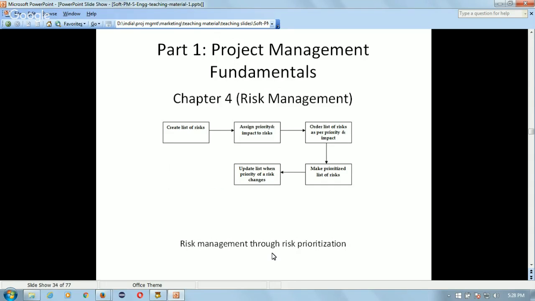And one method of risk management is using risk prioritization. So what you do is you create a list of risks, and then you assign priority and impact to each risk. Like if it is a high priority risk or a low priority risk.